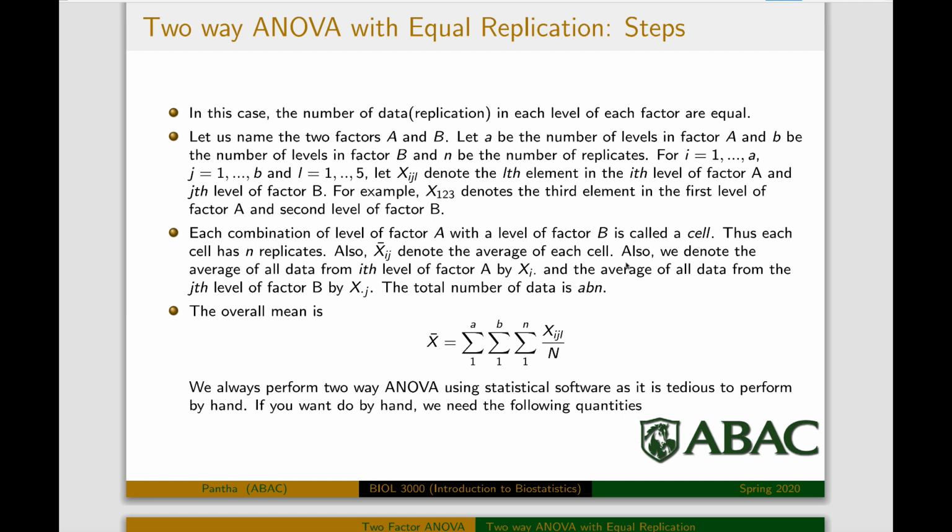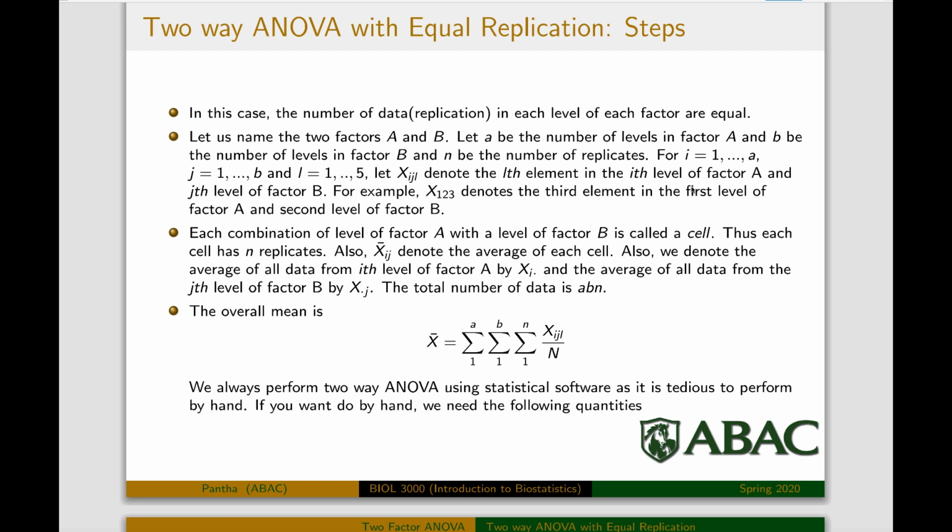Also, we denote the average of all data from the ith level of factor A by x i dot, and the average of all data from the jth level of factor B is x dot j. There is x i dot for A, with i and then dot, and this is x dot j for B. Thus the total number of data is a times b times n.